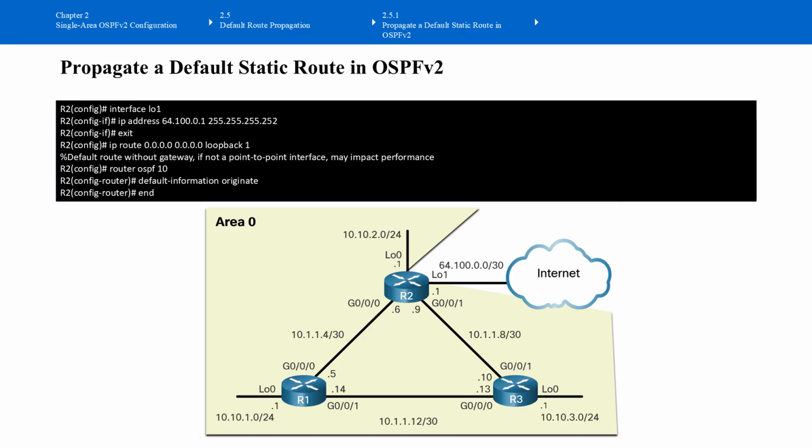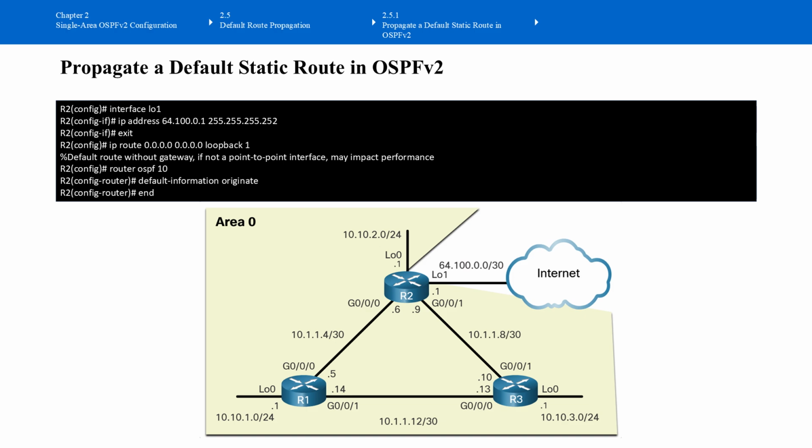And then in the interface config mode, you enter ip address 64.100.0.1 255.255.255.252.